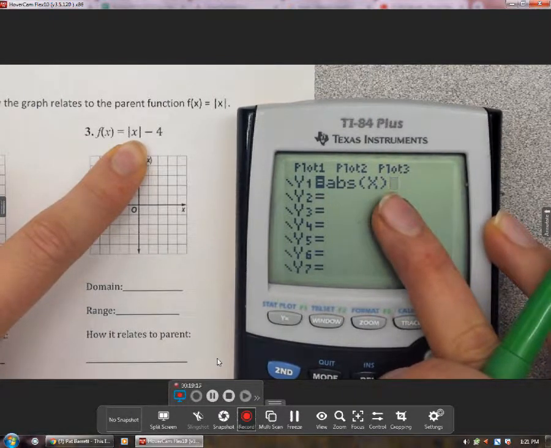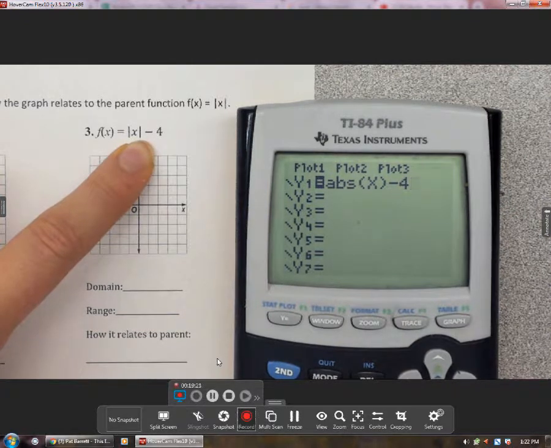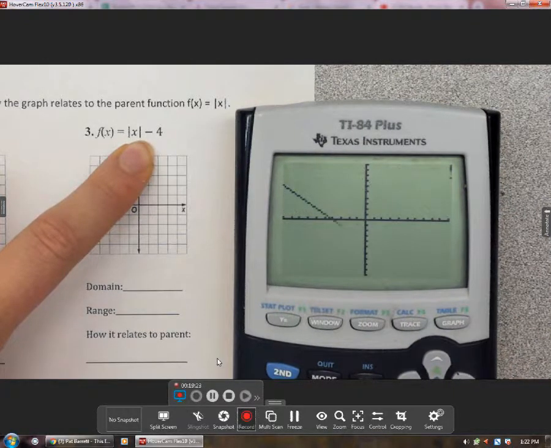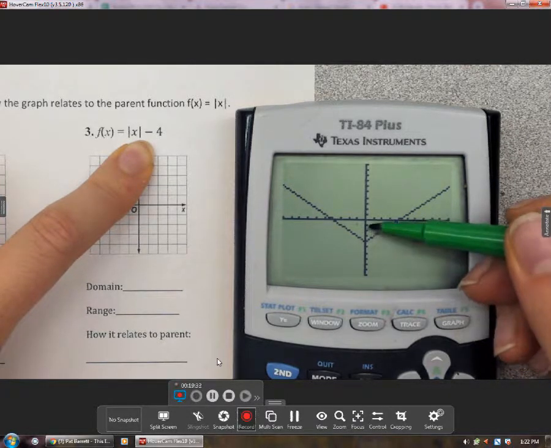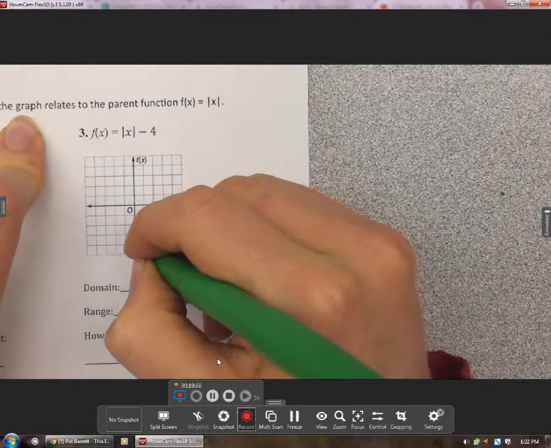You need to close those parentheses. X, close parenthesis, -4. Graph. Whoa, is that what you expected? What happened to this graph? It moved down 4, 1, 2, 3, 4.